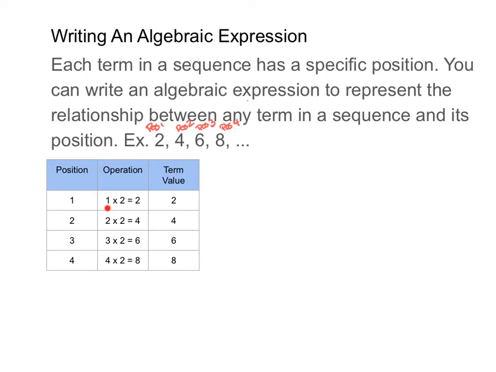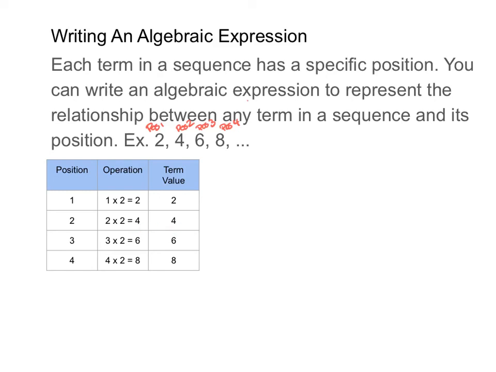This is position 1, and in order to get the 2, I have to multiply by 2. Let's look at position 2. If I start at position 2, how do I get to 4? Well, yeah, you can add 2, but that's not what we're doing if we're considering the position. We multiply by 2, and you get 4.